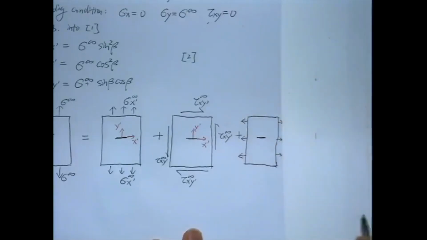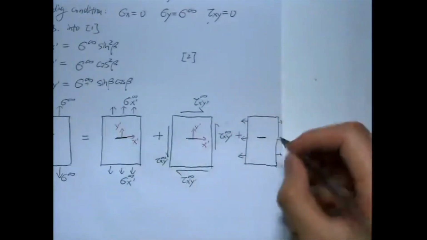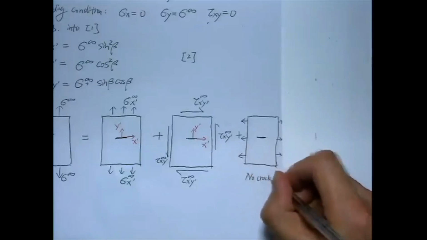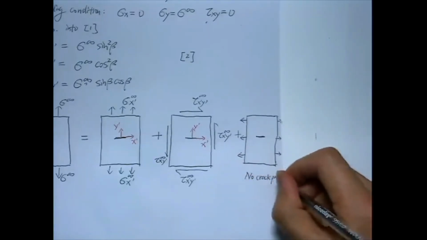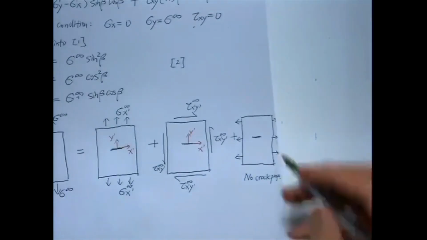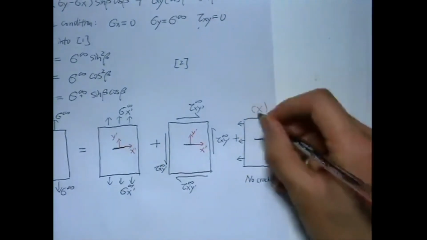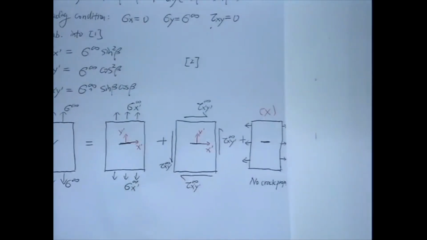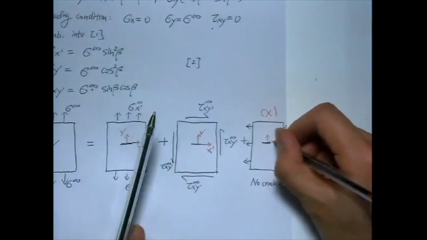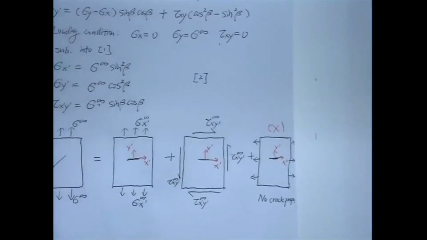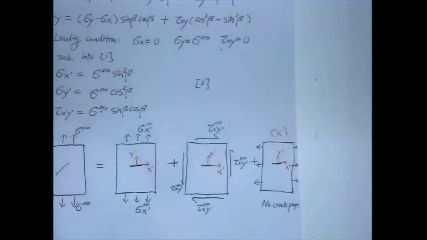In that case, there's no crack propagation, so you can just cancel out this case. Just look at these two cases, in X, Y. Right? So now it becomes a much simplified version.